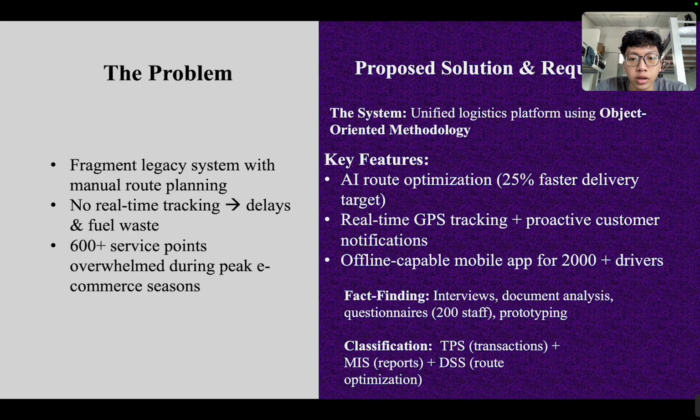To face it, we propose the DLMS, a unified platform built using object-oriented methodology. Key features include AI route optimization to speed up delivery by 25% and an offline capable mobile app for the 2000 plus drivers. We gathered our requirements by analyzing industrial documents and existing system layouts available online.